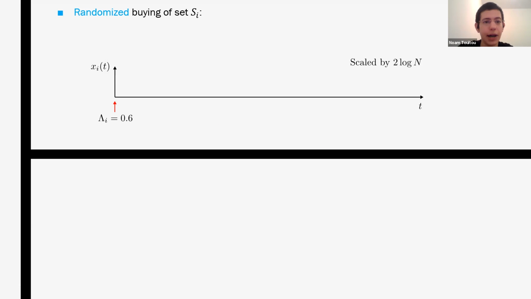First, the randomized buying works by setting a threshold for each set. So the graph shown here is for a specific set Si.